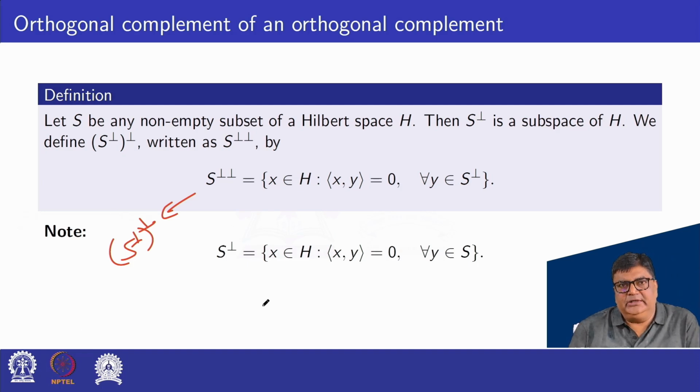So as per this definition, X belongs to H and Y is an element of S perpendicular. So S double perpendicular is defined like this. The perpendicular of S perpendicular is the orthogonal complement of an orthogonal complement.